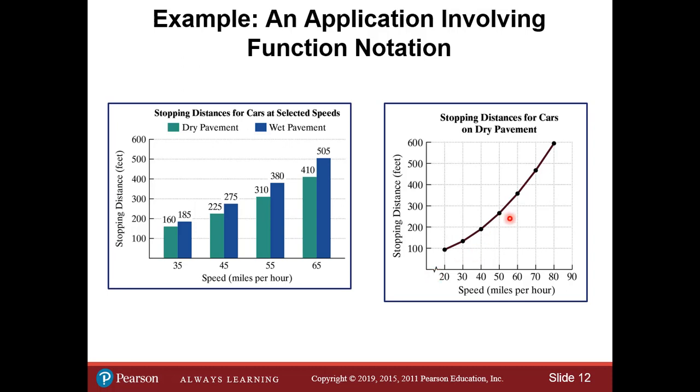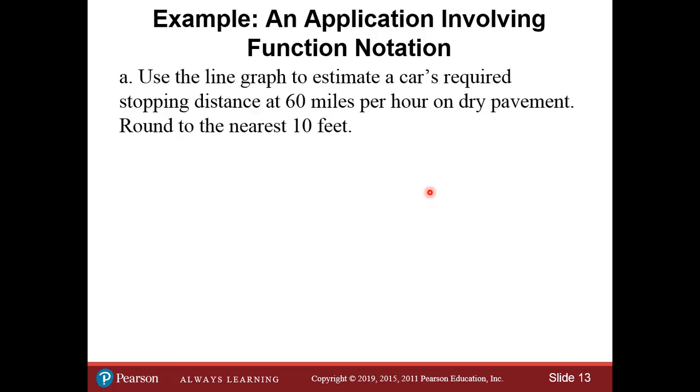And so this would be the graph that would represent stopping distances on dry pavement. Now, A says use the line graph to estimate a car's required stopping distance at 60 miles per hour on dry pavement, and then round to the nearest 10 feet.